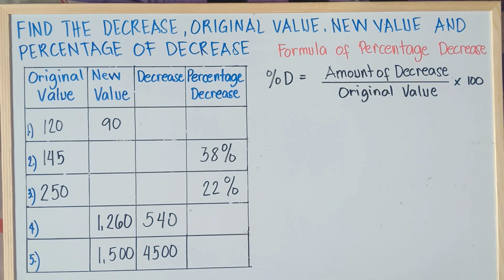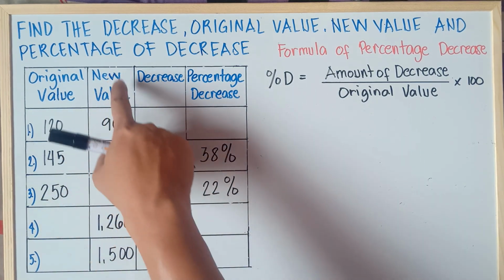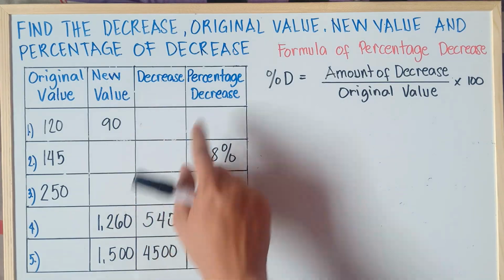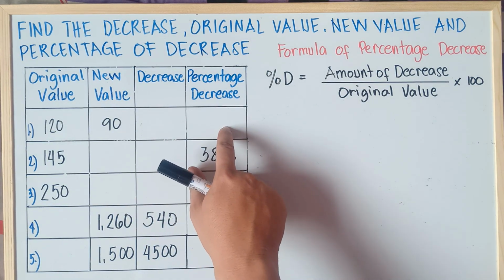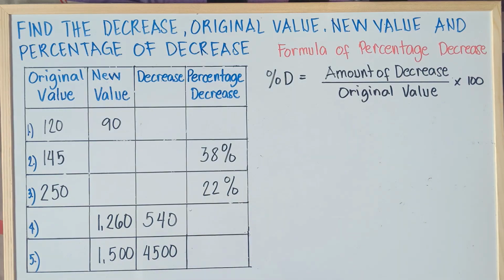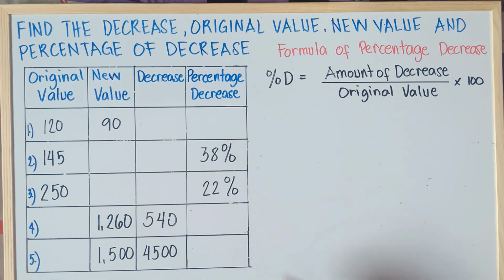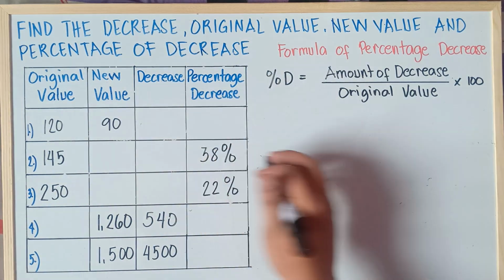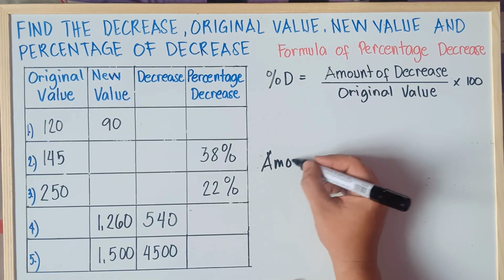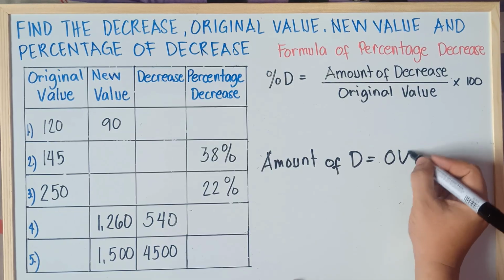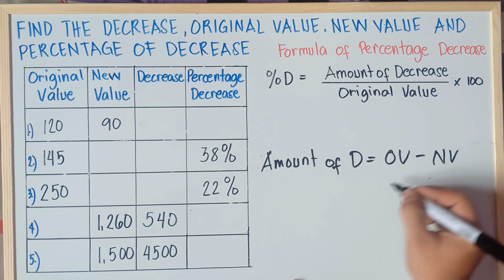So let's start with example number 1, class. You have given the original value and the new value, and you're told to find the decrease, or the amount of decrease, and the percentage of decrease. If you have given the original value and the new value, class, it's easy for us to find the decrease and the percentage of decrease. So to find the decrease, or the amount of decrease, that would be the original value minus the new value.